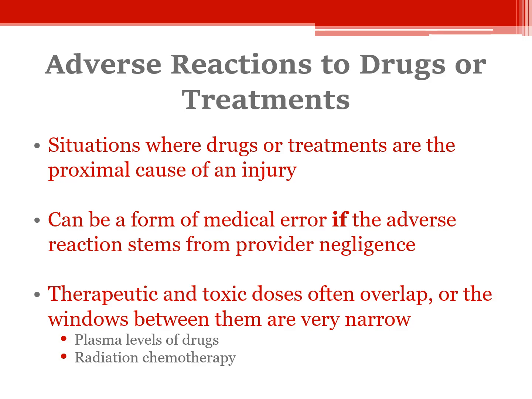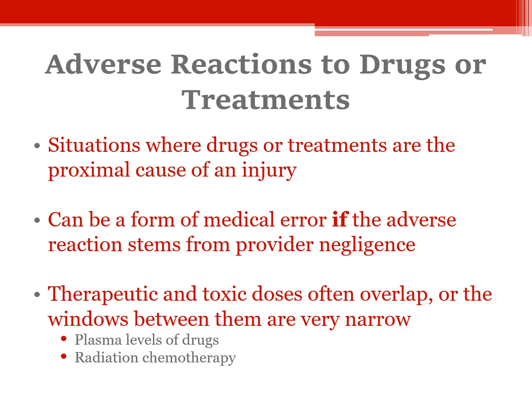The problem a lot of times is that there's a very narrow therapeutic window in a lot of drugs and a lot of treatments. And oftentimes the therapeutic and toxic doses overlap, and the windows between them are very narrow. An example I'll show you on the next screen is the plasma level of a drug that can make the drug work the way it's supposed to versus not work at all or become toxic.